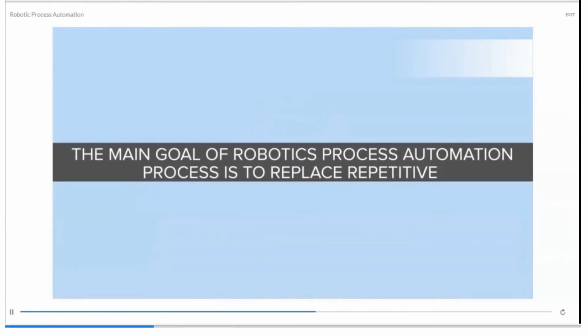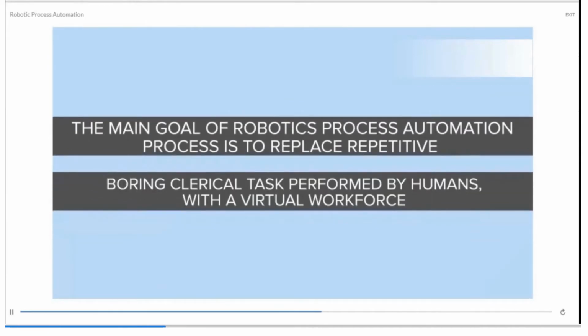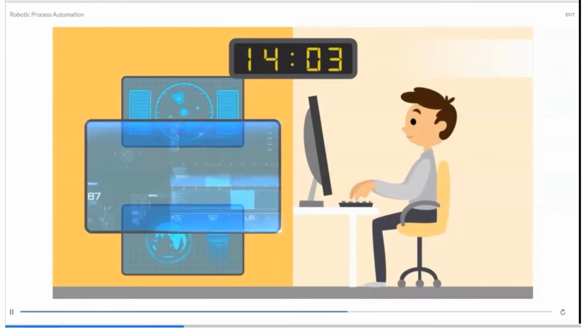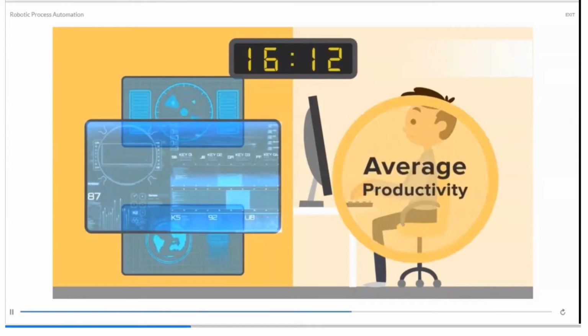So the main goal of robotic process automation is to replace repetitive, boring clerical tasks performed by humans with a virtual force. Now when we compare humans with the robot, a human can work for only 8 hours, and too with little errors. So the average productivity provided by a human is 60%.